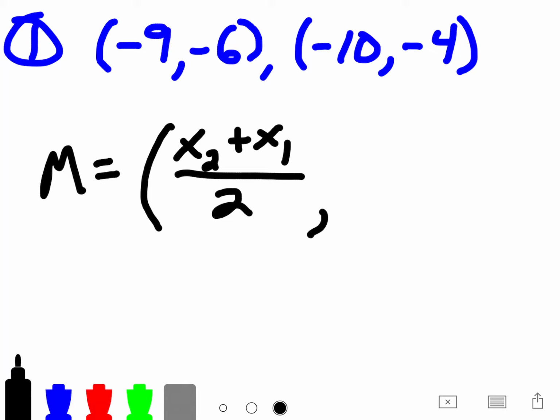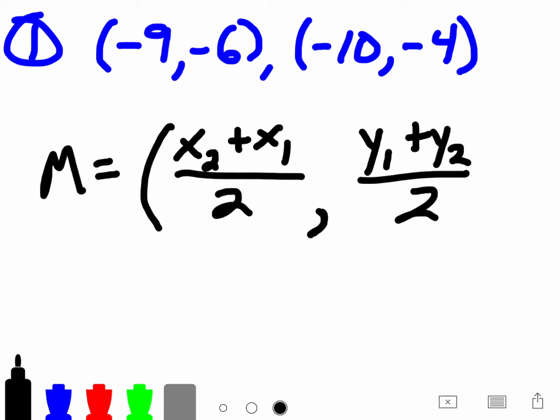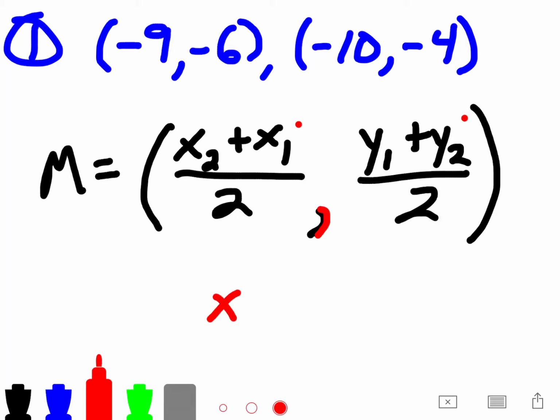And then a comma, not a plus because it's a place, not a number. And then we're going to add the y's together, so y1 plus y2 divided by 2. So we're just going to add our x's together and divide by 2, and then we add our y's together and divide by 2, and we put a comma in between them to show that this is my x part, and this is my y part, right? With a comma in between, because it's a place.